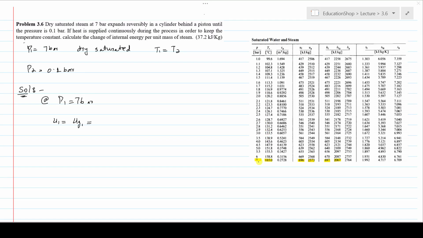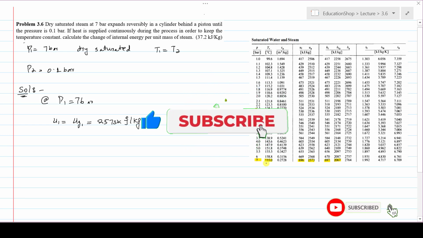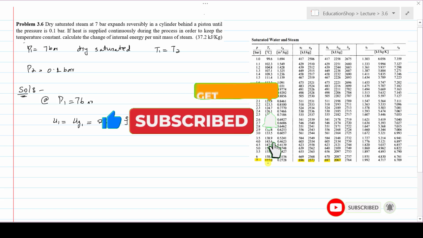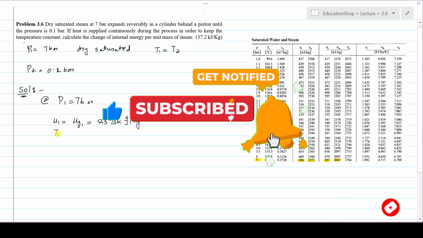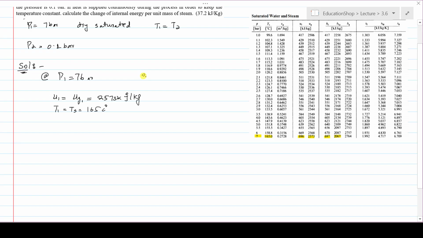Here you can see pressure 7 bar, the Ug value is 2573 kilojoule per kg, and it is equal to the internal energy of the initial state of the steam. Also at this pressure the corresponding saturation temperature is 165 centigrade, which means T1 is equal to Ts, and it is 165 centigrade. This is for state point 1.